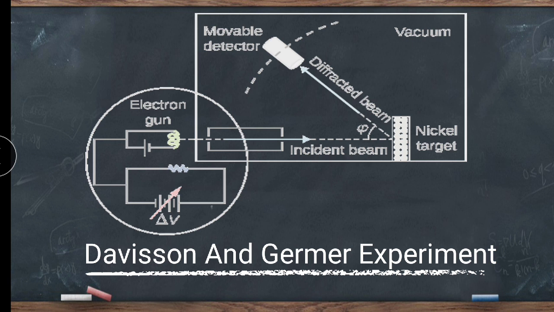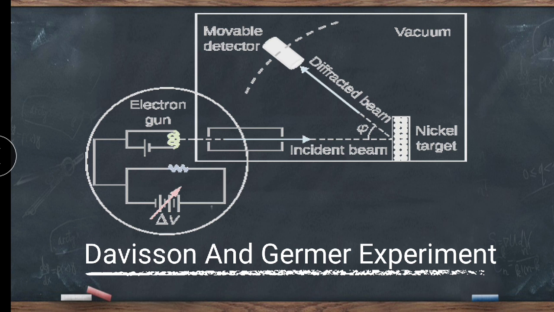Minimum intensity represents destructive interference, and maximum intensity represents constructive interference. And we know that destructive and constructive interference is nothing but the nature of a wave, while the electron which is making it is particle in nature. So with the help of the Davisson and Germer experiment, we can prove the wave nature of the electron, right?